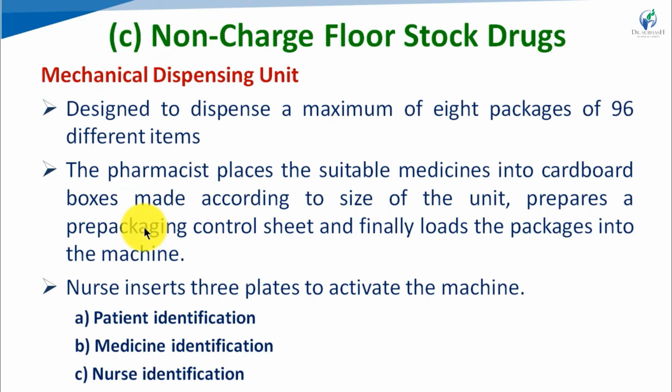And now this will go to the nursing staff. That means this instrument will be with the nursing staff. Now the nurse has to insert 3 blades to activate this instrument. That is, the patient identification they have to enter, then the medicine identification, and the third thing, we can say, is the nurse identification.